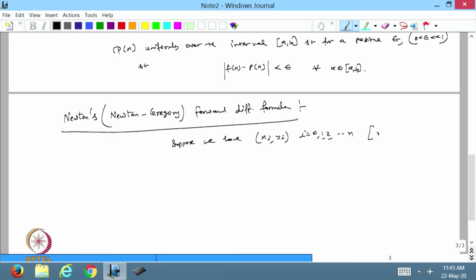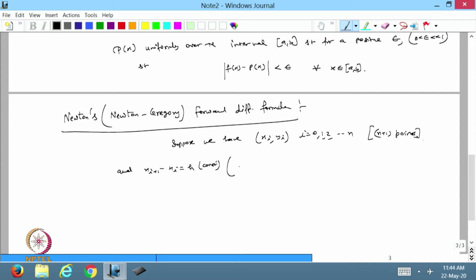So, a total of n plus 1 points are given, and suppose xi plus 1 minus xi is equal to a constant h.